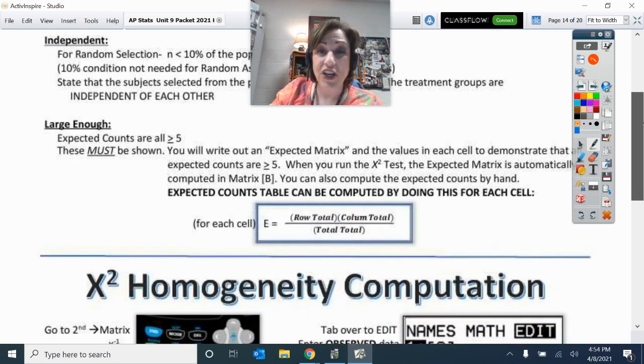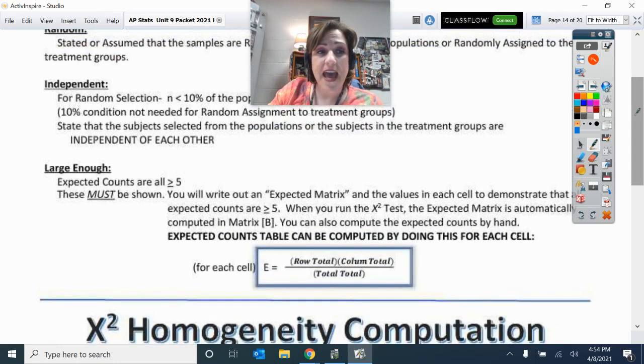All right. Large enough is, again, that expected counts are all greater than or equal to 5, but the expected count is a little bit more complex because of these multiple variables and multiple populations. So let's come back to this. We'll revisit these expected counts shortly.